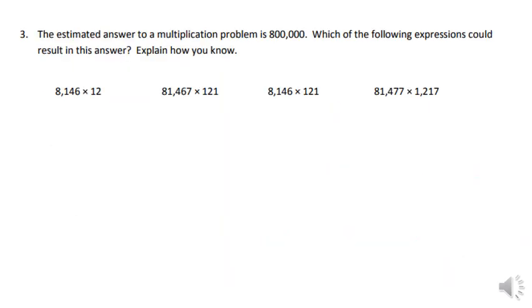Estimated answer to a multiplication problem is 800,000. Which of the following expressions result in the answer? Okay, so I'm just going to estimate two of them for you. I know this one here is 8,000 times 10, and this one over here in C would be 8,000 times 100.